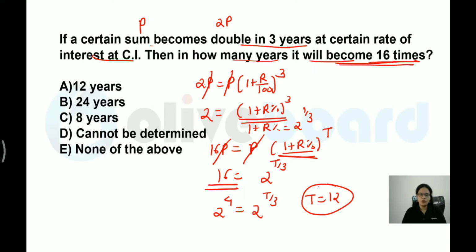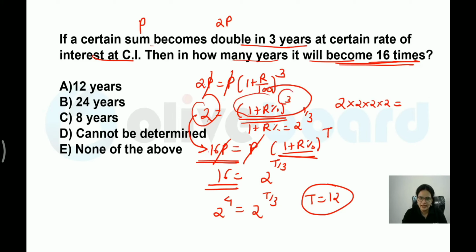Okay, so what you have to remember in this case, whatever times you are doing this, so here what has happened? 2 is multiplied 4 times over here. To get this 16, you have written 2 into 2 into 2 into 2. Same factor you are writing on the right hand side. So this index will get added over here. Okay, so you will be writing 1 plus R percent to the power 3 multiplied by 1 plus R percent to the power 3 multiplied by 1 plus R percent to the power 3.